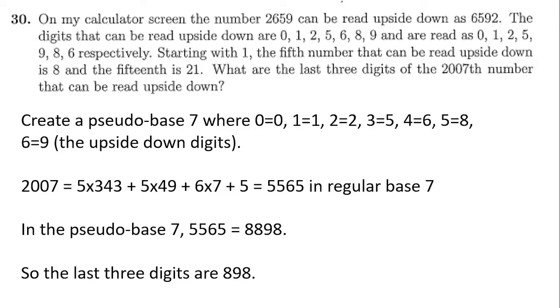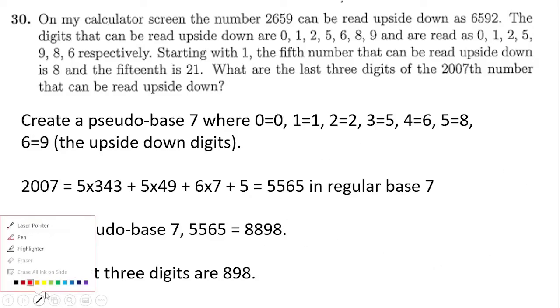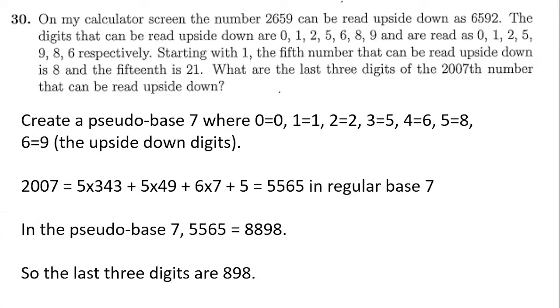So we can solve this by creating a pseudo base 7, where we use the upside down digits. So from 0, 1, 2, 3, 4, 5, 6, sorry, just 6. 0 becomes 0, 1 becomes 1, 2 becomes 2, 3 becomes 5, 4 becomes 6, 5 becomes 8, and 6 becomes 9.